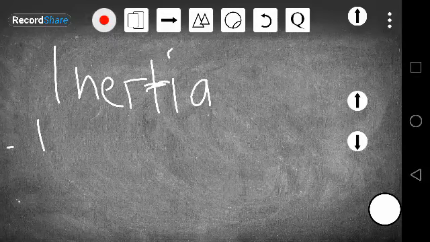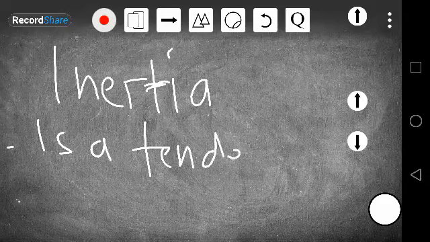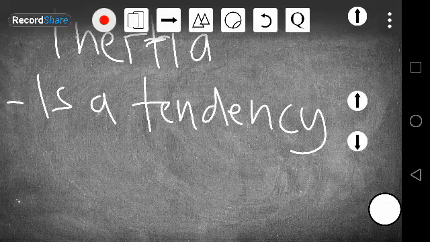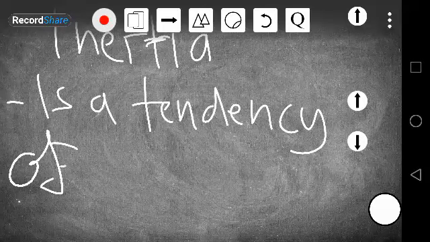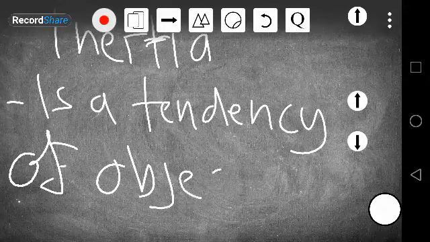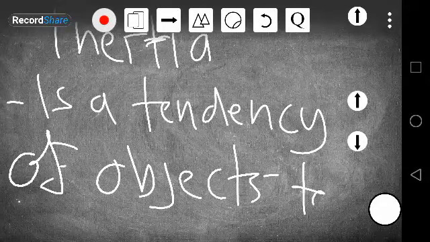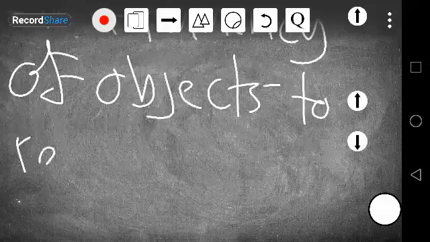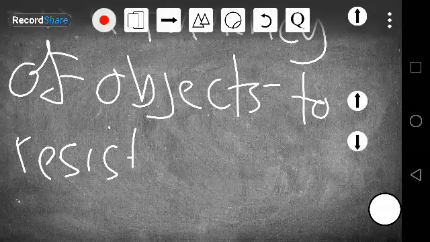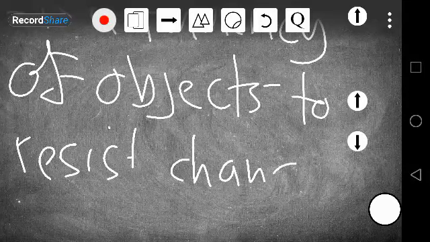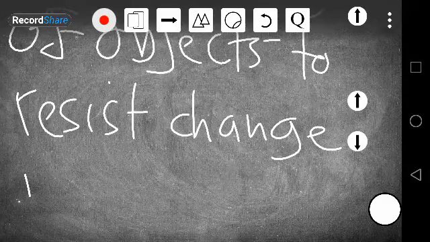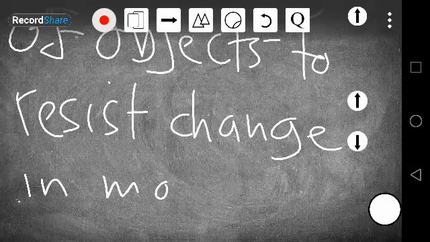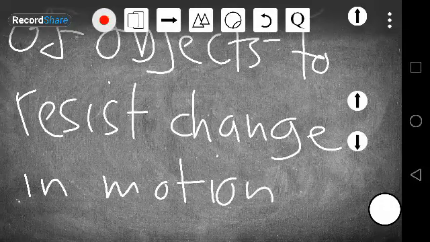Inertia is a tendency of objects to resist change in motion. Basically that's inertia, the tendency of bodies to resist the change in motion.